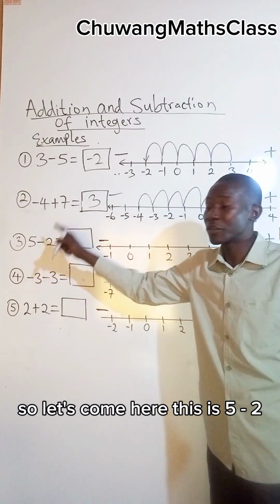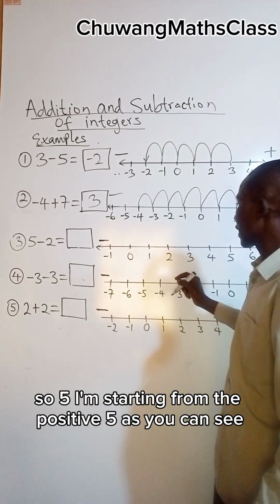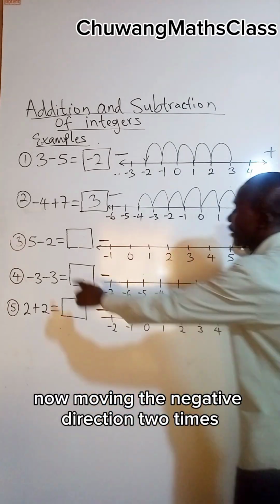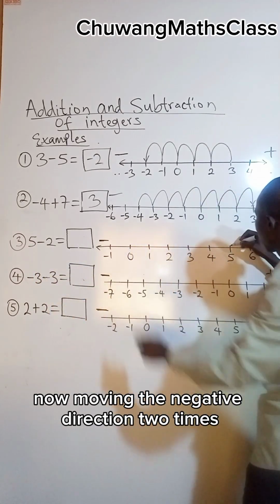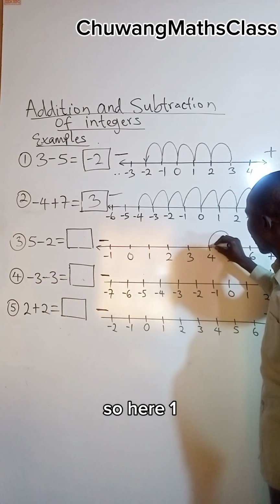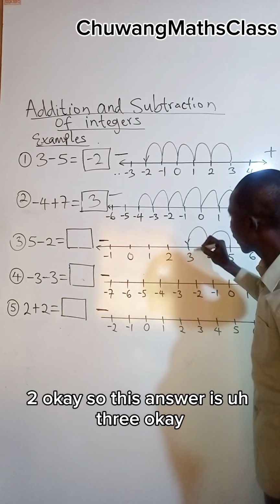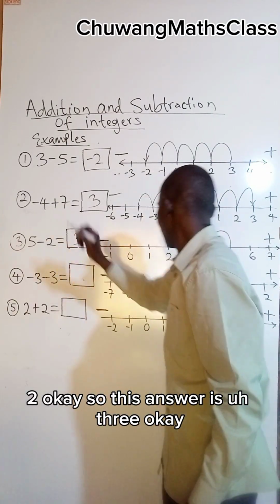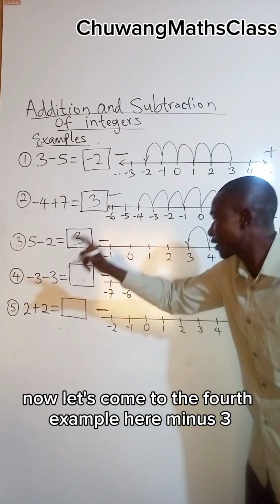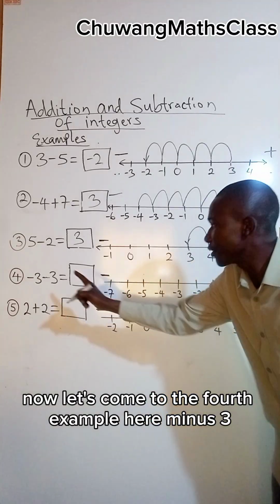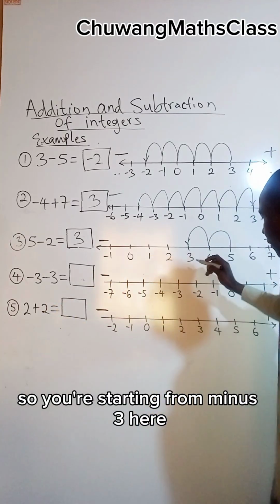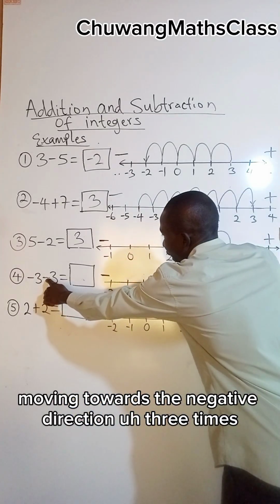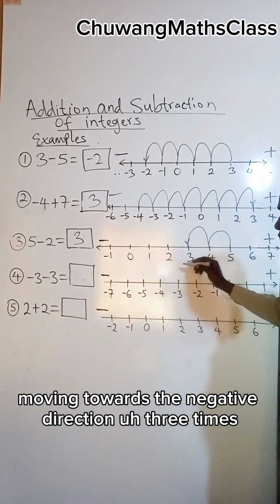So let's come here. This is 5 minus 2. So I'm starting from the +5, as you can see. Now moving in the negative direction 2 times. So here 1, 2. So this answer is 3. Now let's come to the fourth example here. -3. So we are starting from -3 here, moving towards the negative direction 3 times.